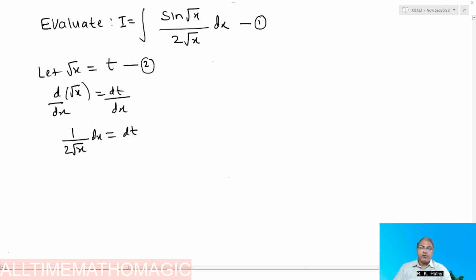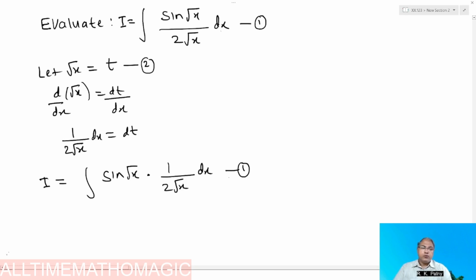Now what is the given problem? The given problem is nothing but I equals to integration sine root x, which can be written as sine root x multiplied by 1 upon 2 root x and dx. This is nothing but equation number 1.